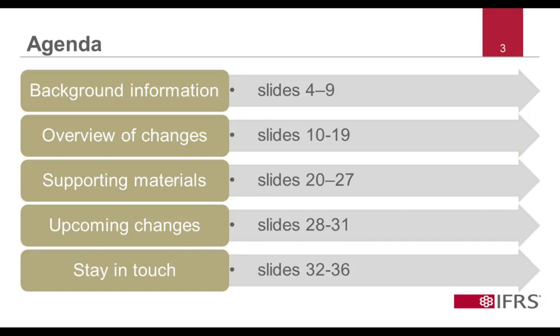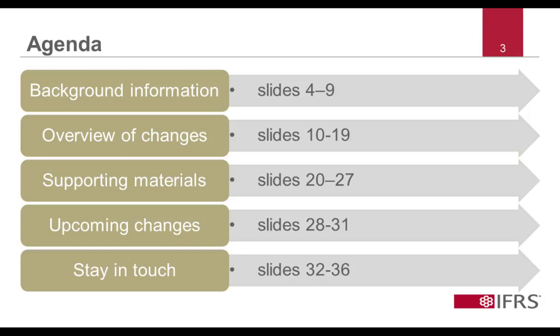Now let's look at what we'll cover today. Firstly, we'd like to talk to you in general about the release of the IFRS Taxonomy 2018. So firstly, we'll start with some background information on the IFRS Taxonomy. We'll be explaining its scope and outlining the due process for developing the IFRS Taxonomy.